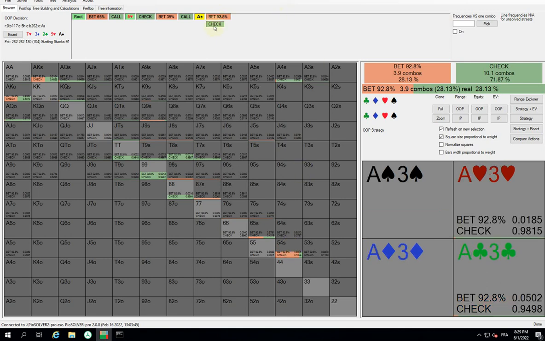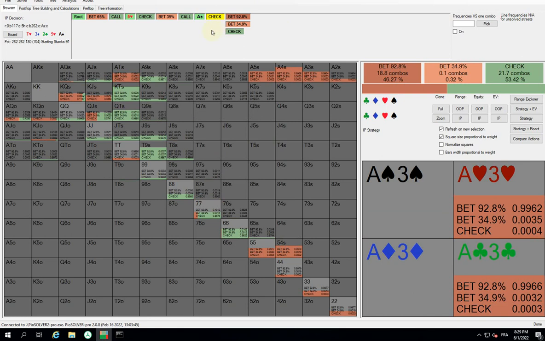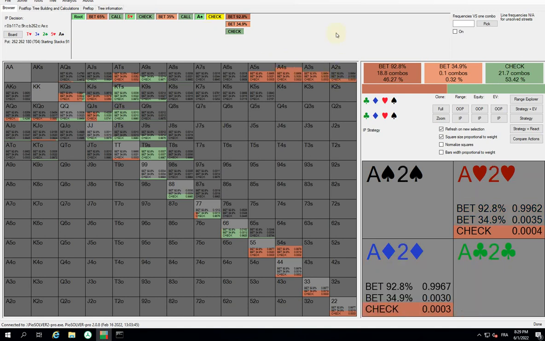Let's see when we check what will be our opponent's betting range. Obviously all his 2-pair plus hands bet. You see that even the weakest 2-pair hand he can have is the ace deuce, and it's a 100% bet.